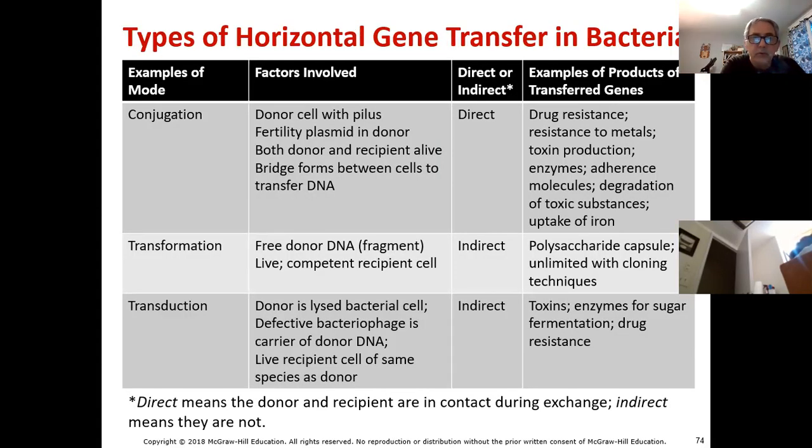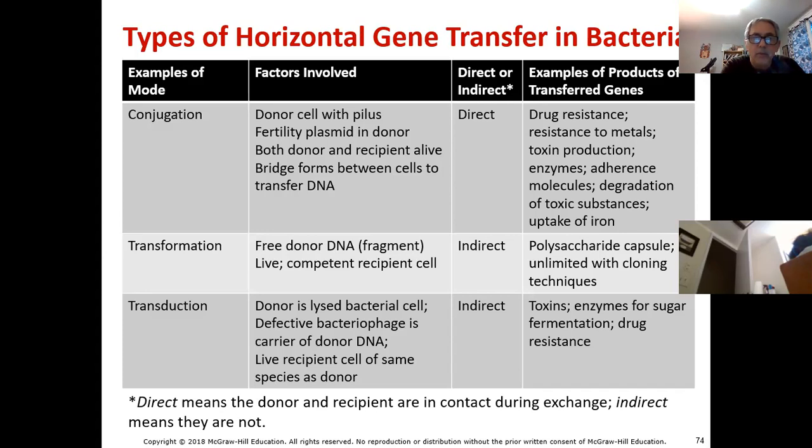We talked about these three processes of horizontal gene transfer in bacteria. These have been utilized by researchers in DNA technology. The one major category was conjugation, which requires direct contact.